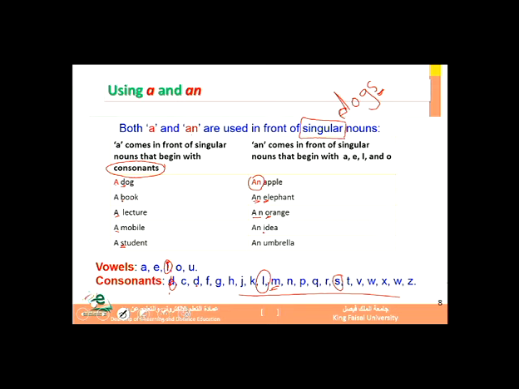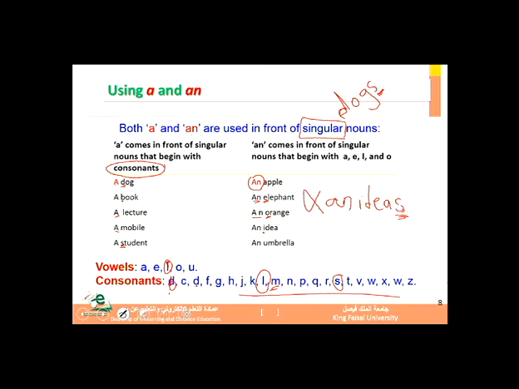If I have a word like ideas, I cannot say a ideas or an ideas. This is not really acceptable. Why? Because we are not dealing with a singular noun, but with a plural noun.